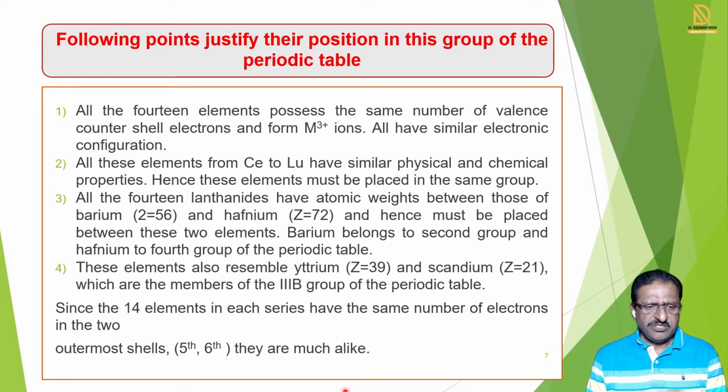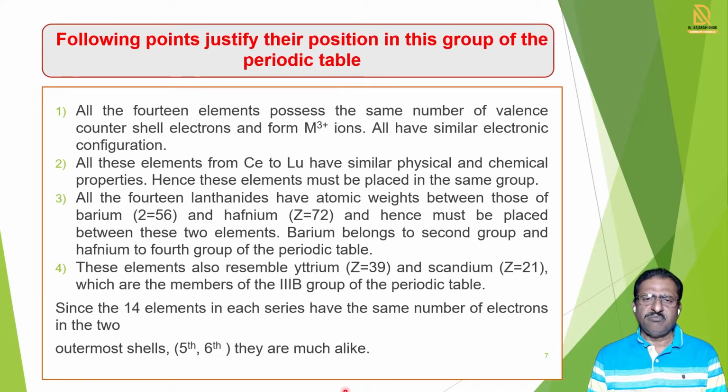Third justification: all the 14 elements have atomic numbers between barium, 56, and hafnium, 72. In between them these elements are present, from 57 to 71, and they must be placed between these two elements. Barium belongs to the second group and hafnium belongs to the fourth group of the periodic table.